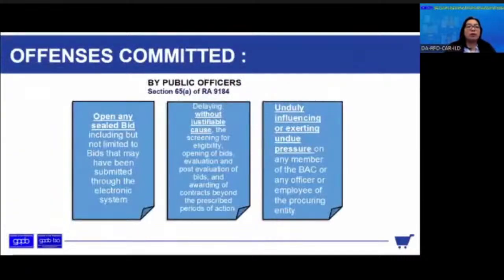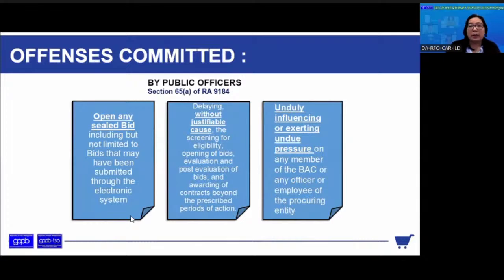So, ano po ba yung mga offenses that are committed by public officials? Let's go one by one. These are included under Section 65A of RA 9184 and its revised IRR. So, ano po ba yun? Number one, ito po yung nag-open ng sealed bids, including but not limited to the bids that may have been submitted through an electronic system.